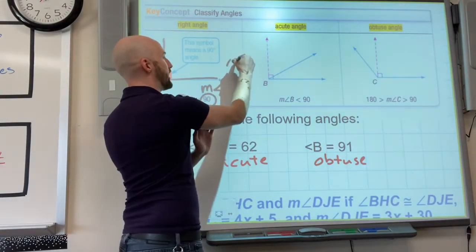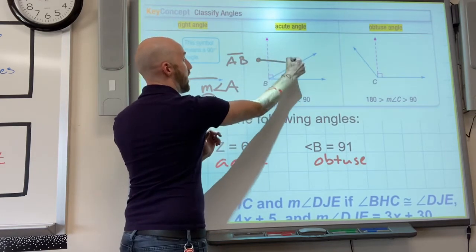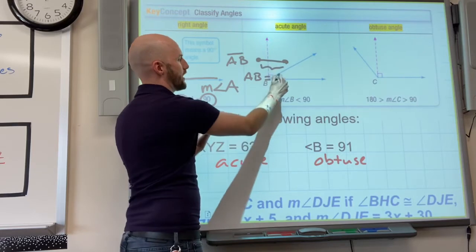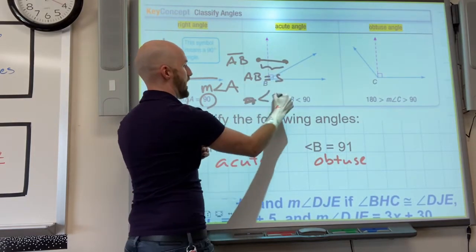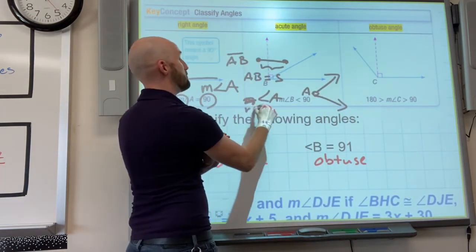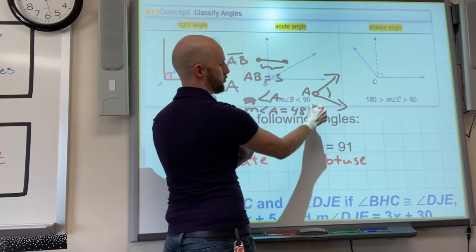So this is sort of like when I have a segment AB, it talks about the object, but the AB as the distance is like, okay, but how long is that? It's 5. I can have the angle A refers to this angle called A, but if I say the measure of angle A, now I want to know that that is equal to like 48 degrees or whatever.